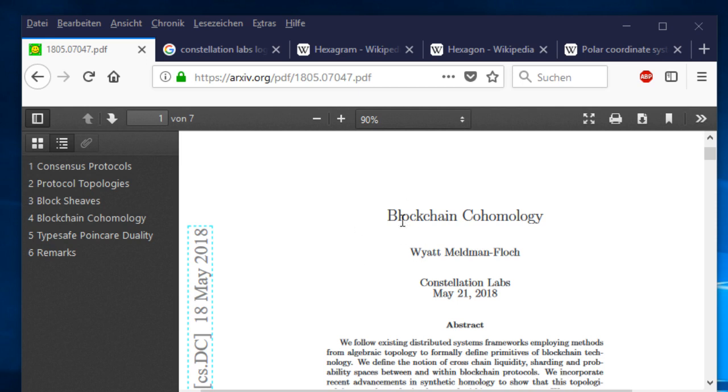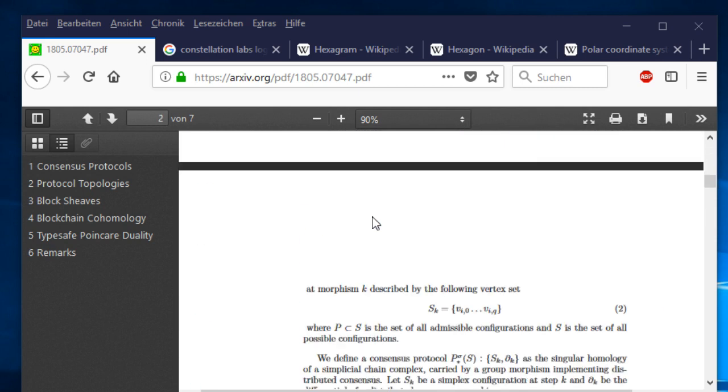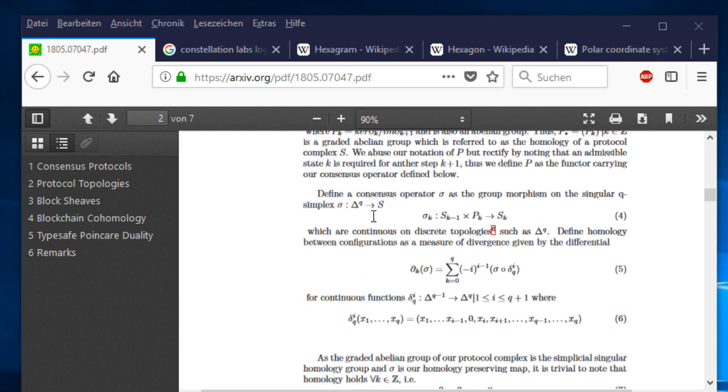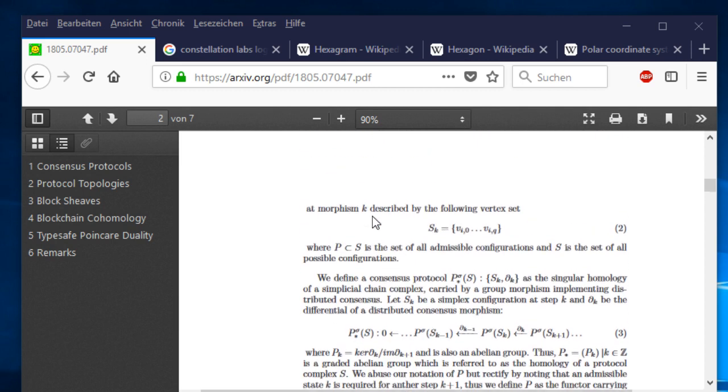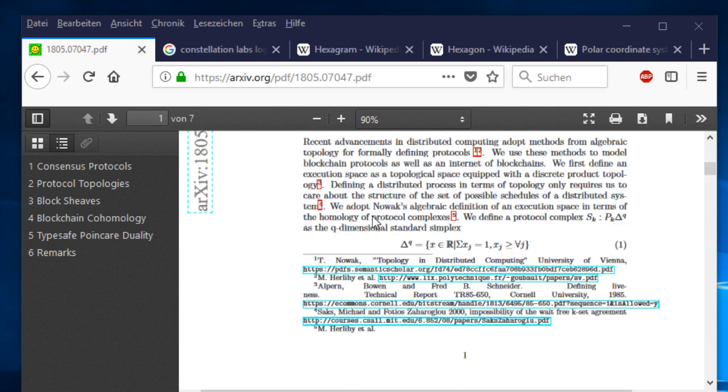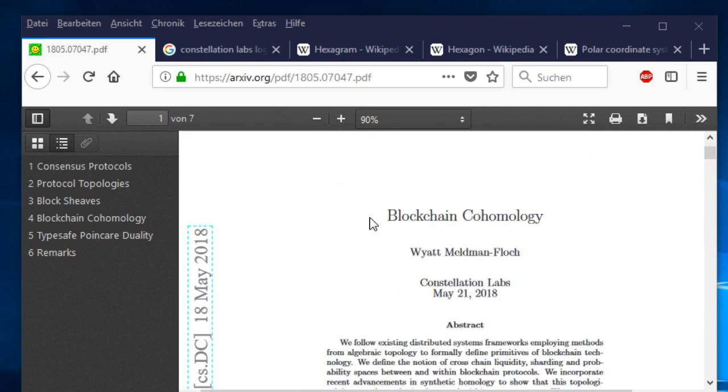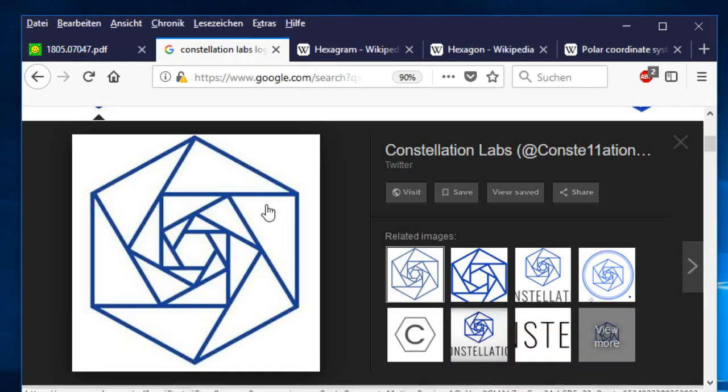So in any case, this is written actually in the context of a project called Constellation, or DAG. That's the name of the token. DAG stands for Directed Acyclic Graph, and the company or lab or project or community has a logo which ironically is the polar opposite of a directed acyclic graph.